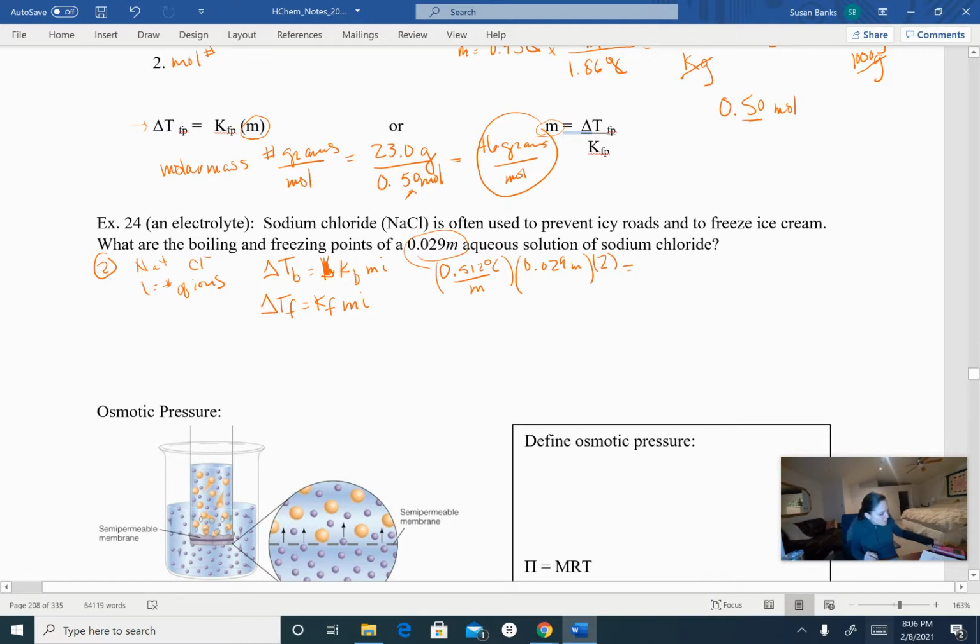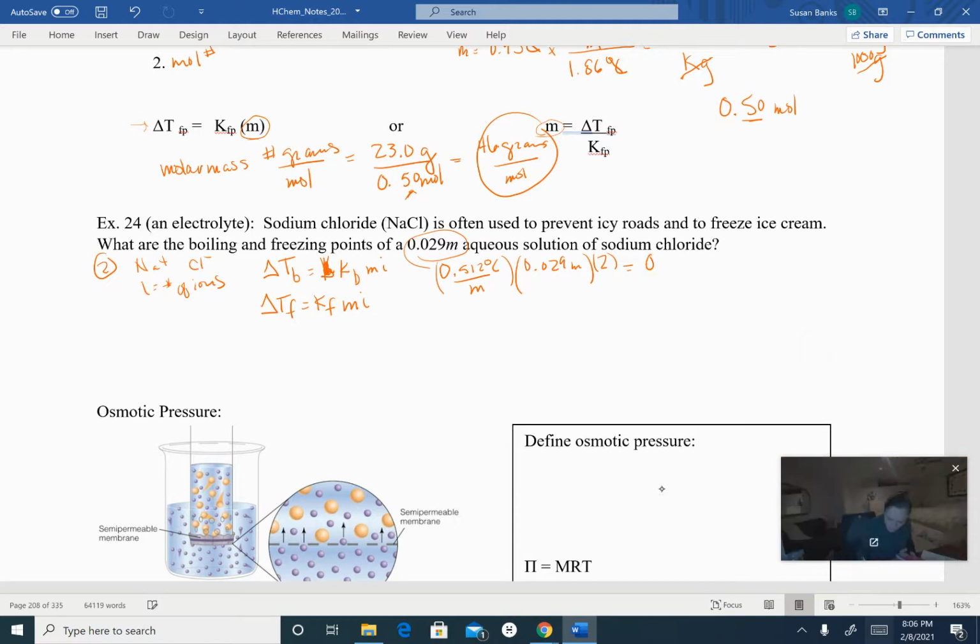Okay, so when we multiply that all out, we get 0.029 degrees Celsius, right? Ish. Let me check the sig figs there. Actually, we have 2 sig figs with that molality.